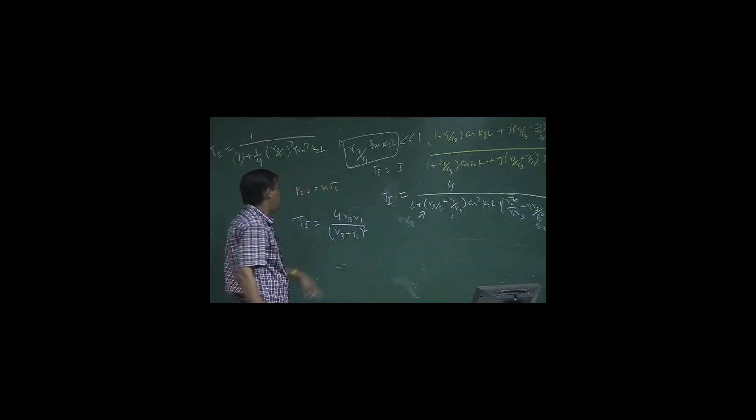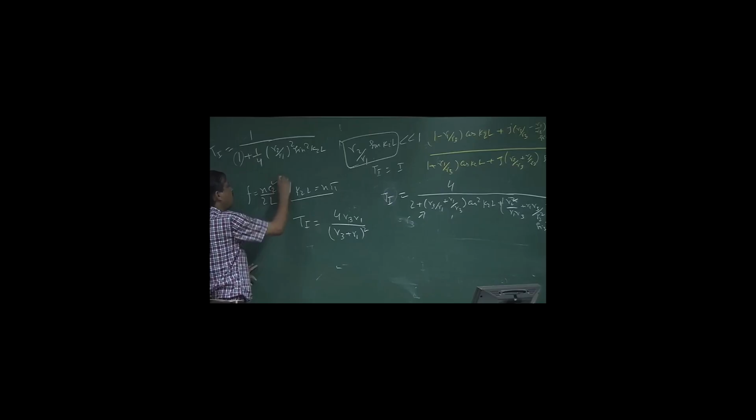Okay. Now, what do we mean by K2L equal to n pi? Then what is the frequency f? f is n C2 divided by 2L. C2 is the velocity of sound in the second medium, n is an integer, and L is the thickness of the wall. So I can say L is n lambda 2 divided by 2.